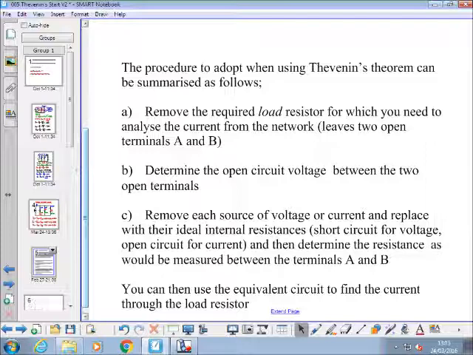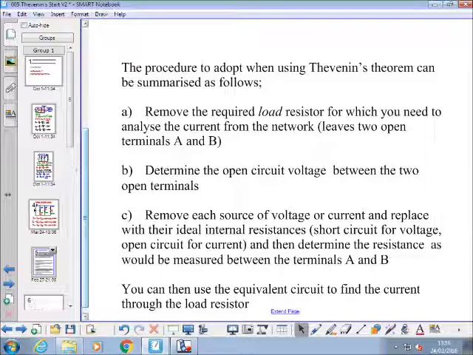Okay, we remove the required load resistor, for which you need to analyse the current from the network, and it leaves two open terminals, A and B. We'll generally label those. We then use other techniques, and that might involve superposition or just normal Ohm's law or series, parallel resistance, etc. But whatever techniques we need, we find what the open circuit terminal voltage is between the terminals A and B with the load resistor removed.